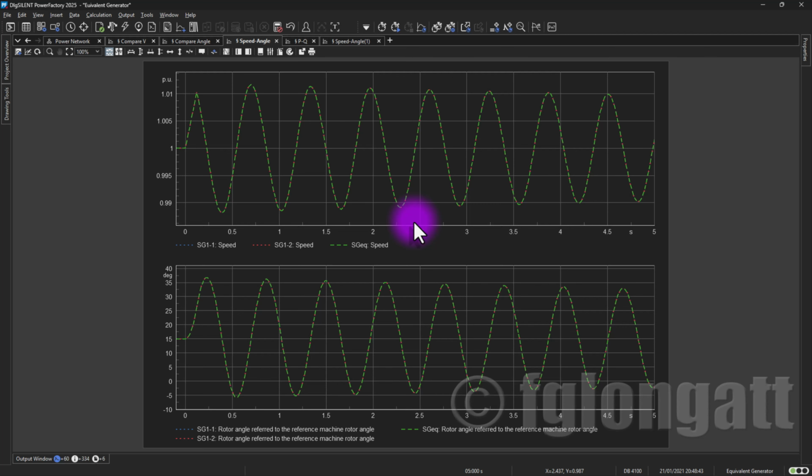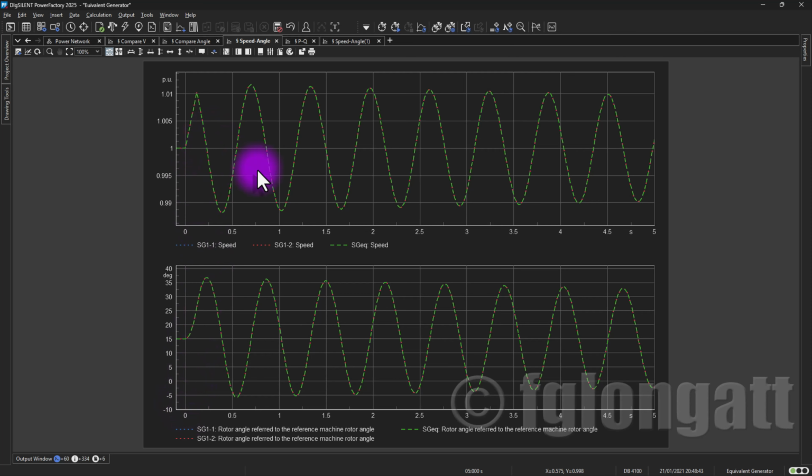If you remember the theory, for the classical model of the synchronous machine, we have two state variables. At the top, I am showing you the rotor speed in per unit. And here below, you can see the rotor angle. In this case, you can see that the axis is shown in electrical degrees.